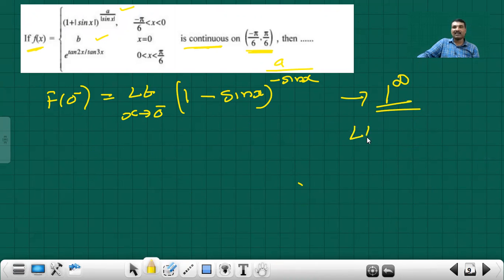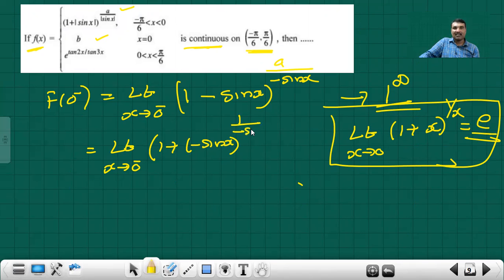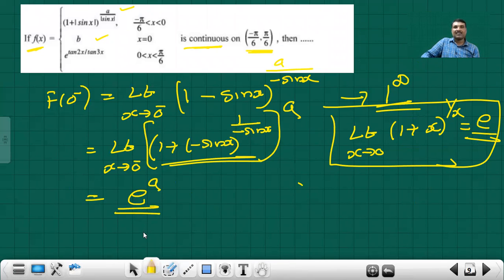And we know a standard limit, limit x tends to 0 of (1 plus x) all raised to 1 by x. So we can write this as limit x tends to 0 minus of (1 plus minus sin x) all raised to 1 by minus sin x, all raised to a. The value of this limit is e raised to a.